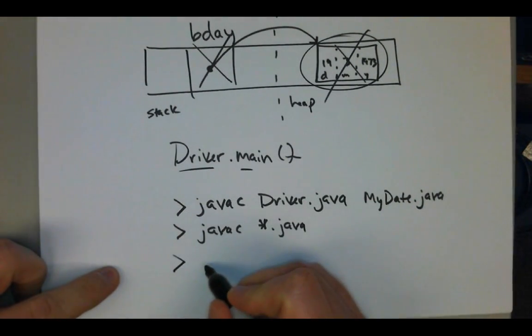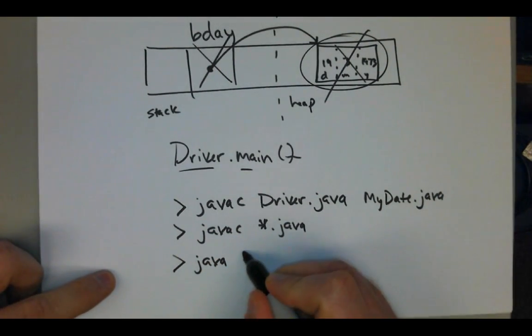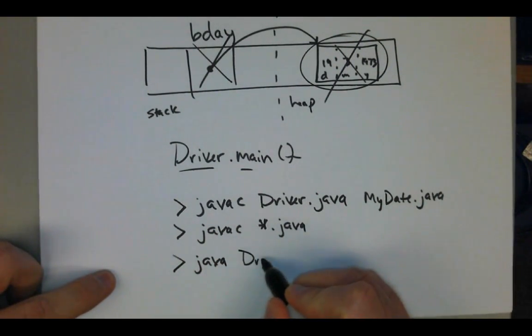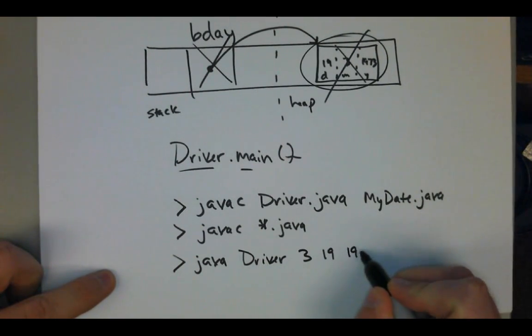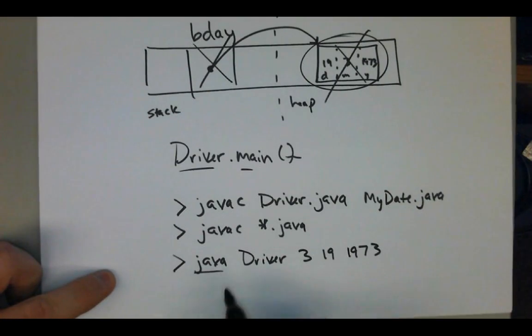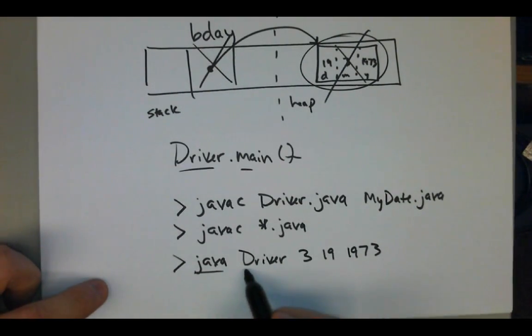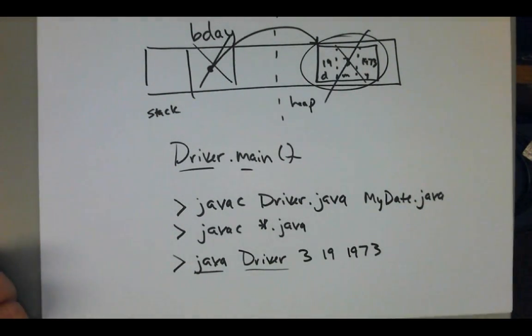That will combine and compile all the Java files. Now to run this program, I would invoke the JVM. We do that with the java command. Then we give the name of the class that has a main. You'll find a pattern that I'm going to use a lot is I'm always going to have a class called driver whose job is really just to contain a main.